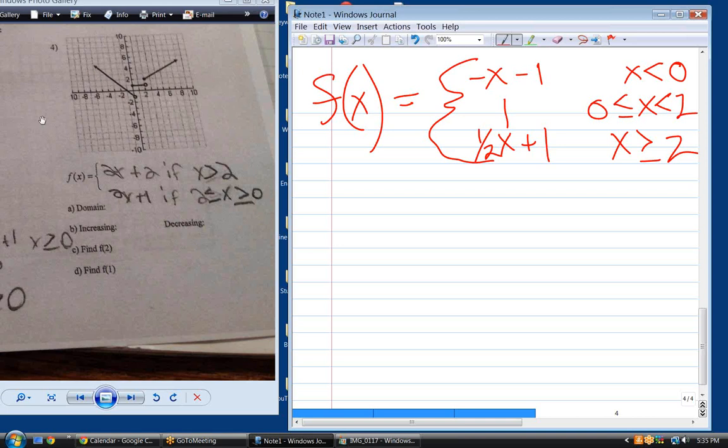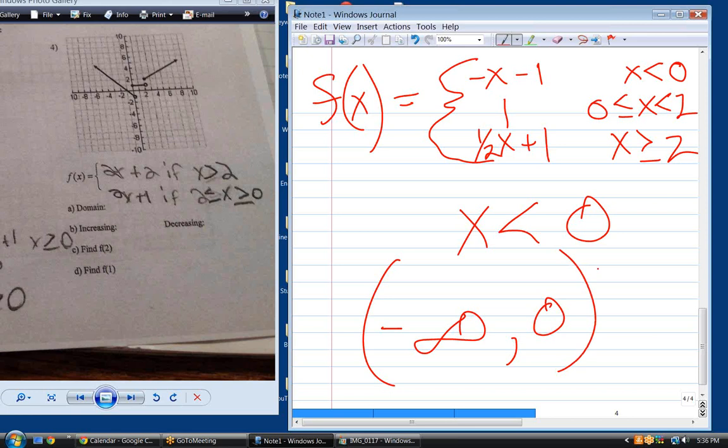Starting from the left, way out here, no matter where I go on that line, the next point going to the right is lower, lower, lower, lower, all the way to there. So this function is decreasing whenever x is less than 0, or if I wanted to write it in interval notation, it's from minus infinity to 0. That's where it's decreasing, on that interval.